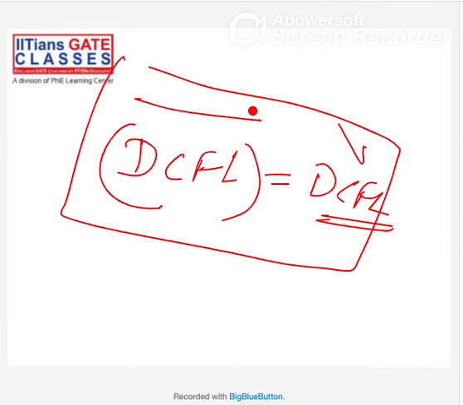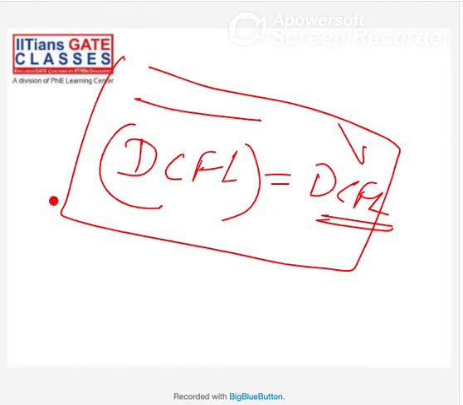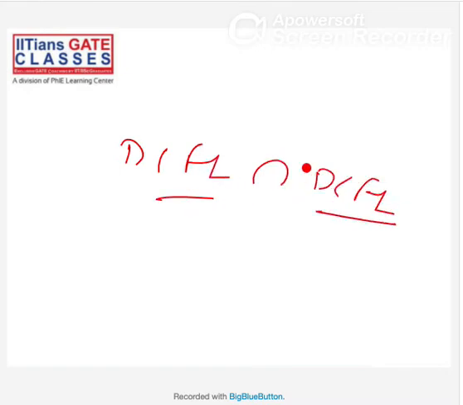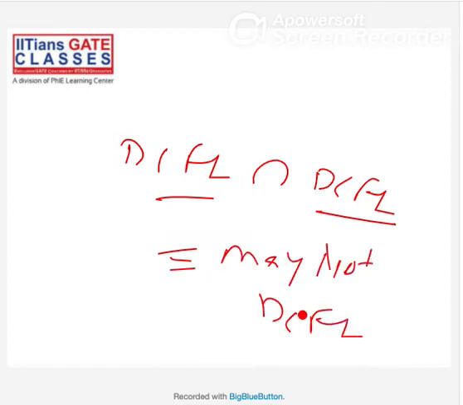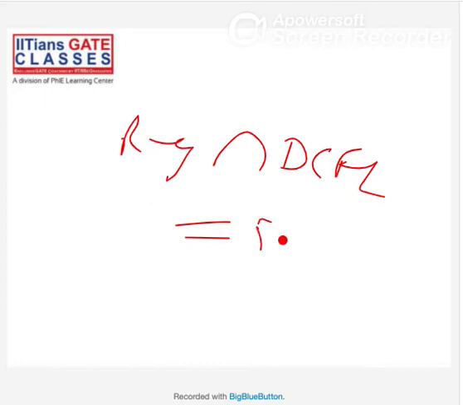So this is important, and with this our closure properties are over. Also remember this: DCFL intersection DCFL may not be DCFL. This we have already seen, because DCFL are not closed under intersection. So DCFL intersection DCFL may not be DCFL, but regular intersection DCFL will definitely be DCFL.